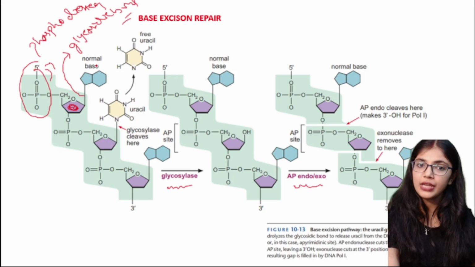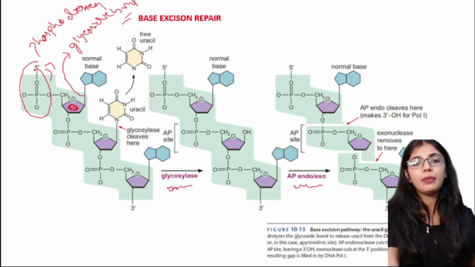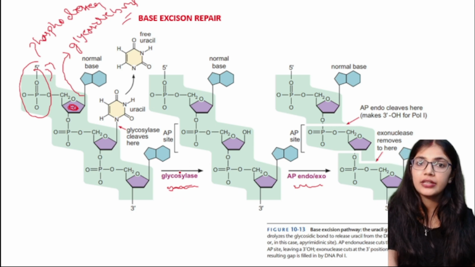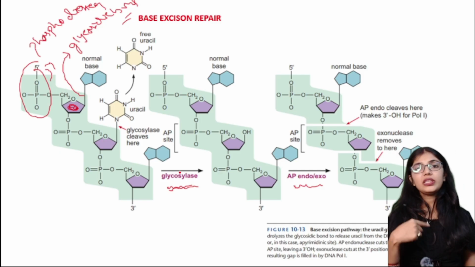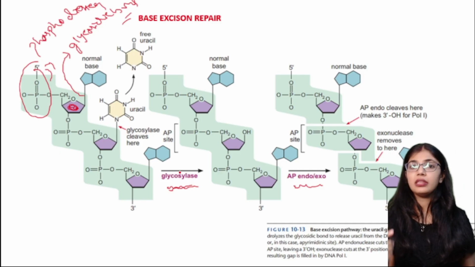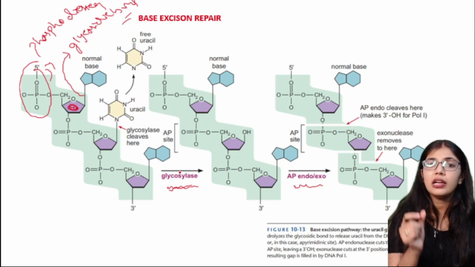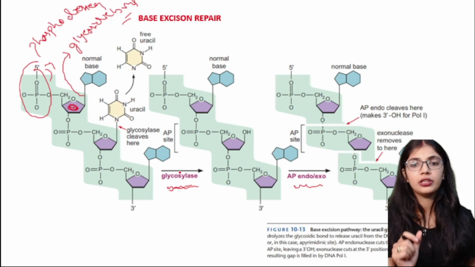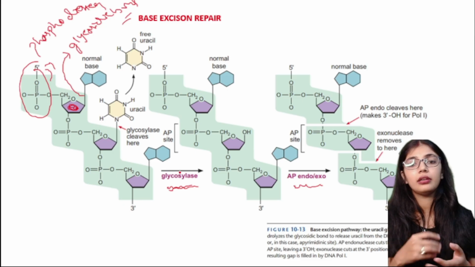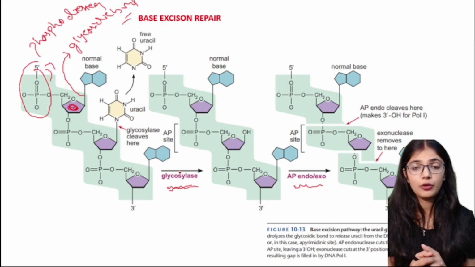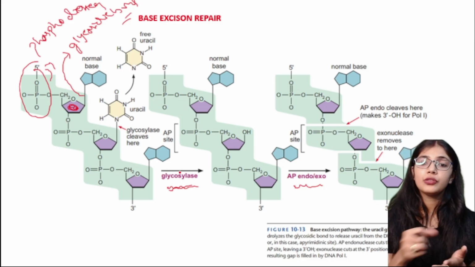This glycosidic bond is cleaved by the enzyme glycosylase. The glycosylase recognizes the changed base. The base which has been modified is recognized by this glycosylase, and the glycosidic bond is cleaved. Due to this, another enzyme, known as AP endonuclease, becomes involved.